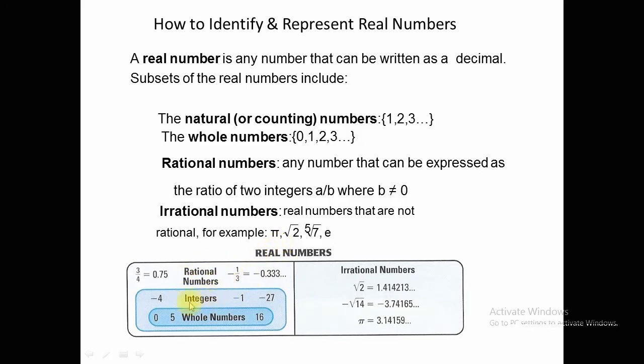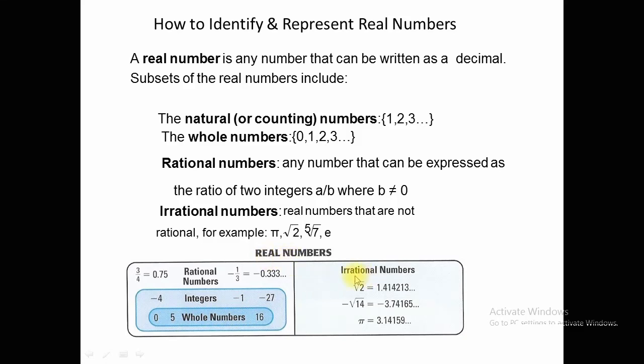And the set of integers, like minus 4, minus 1, minus 27, plus 4, plus 1, plus 27, they are integers, and all integers are also real numbers. The set of whole numbers is also a subset of real numbers. These are whole numbers: 0, 5, 16. These three numbers are whole numbers and also real numbers.